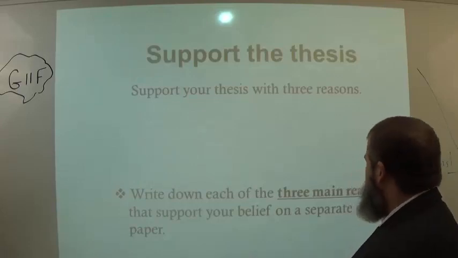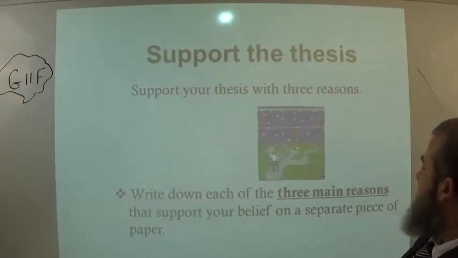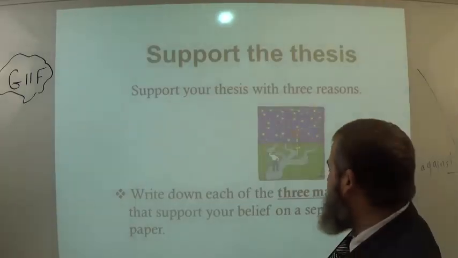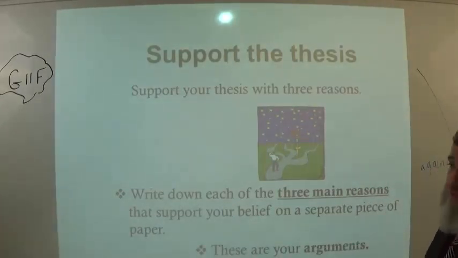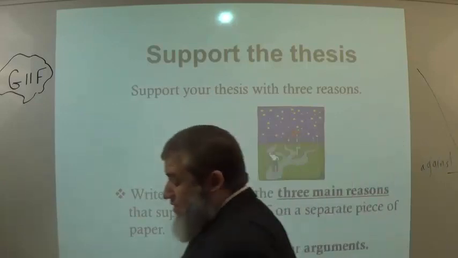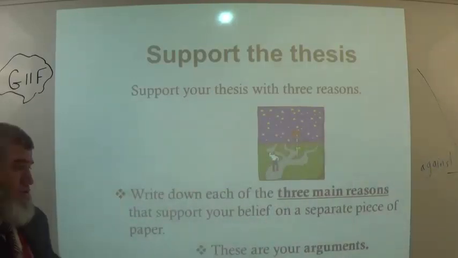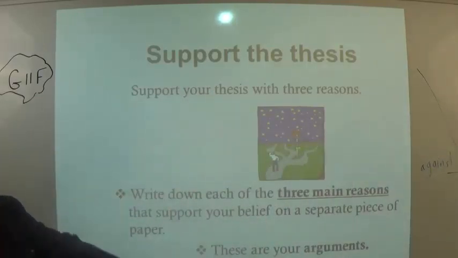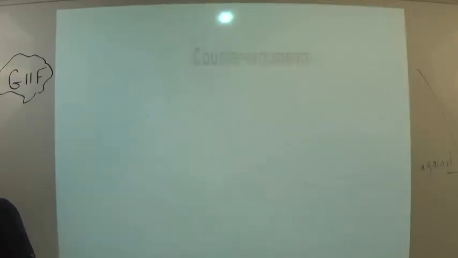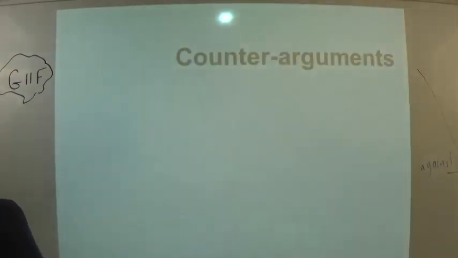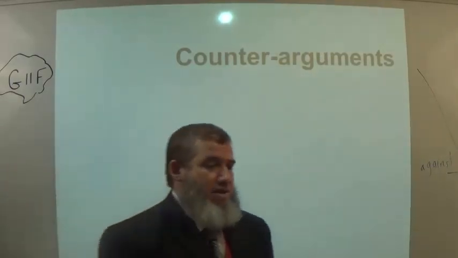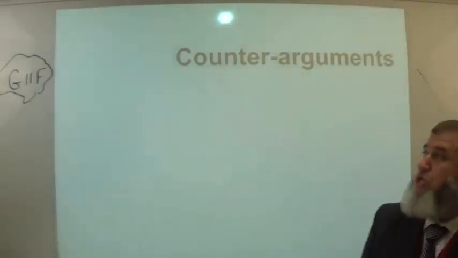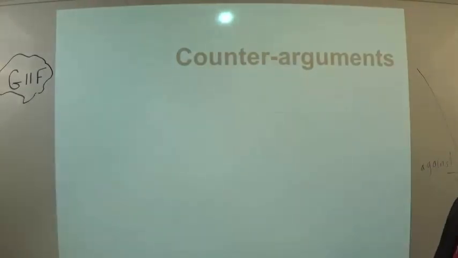Write down the three main reasons that support your belief on a separate piece of paper, first of all. I mean that it's a first draft to write. These are your arguments. Then, the opposing arguments: the other people, the other opinion. You should accept the other's opinion.